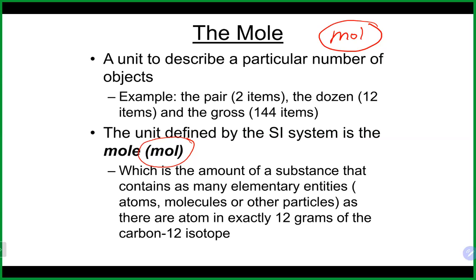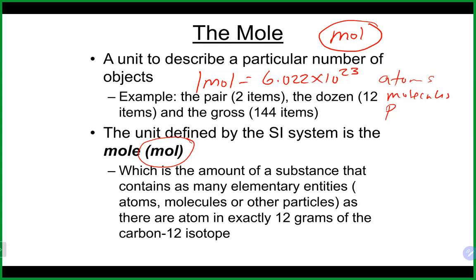And as we will see, 1 mole of pretty much anything will equal 6.022 times 10 to the 23. The units here can really vary depending on what you are dealing with. It can be atoms if you're dealing with atoms. They can be molecules if you're dealing with molecules.